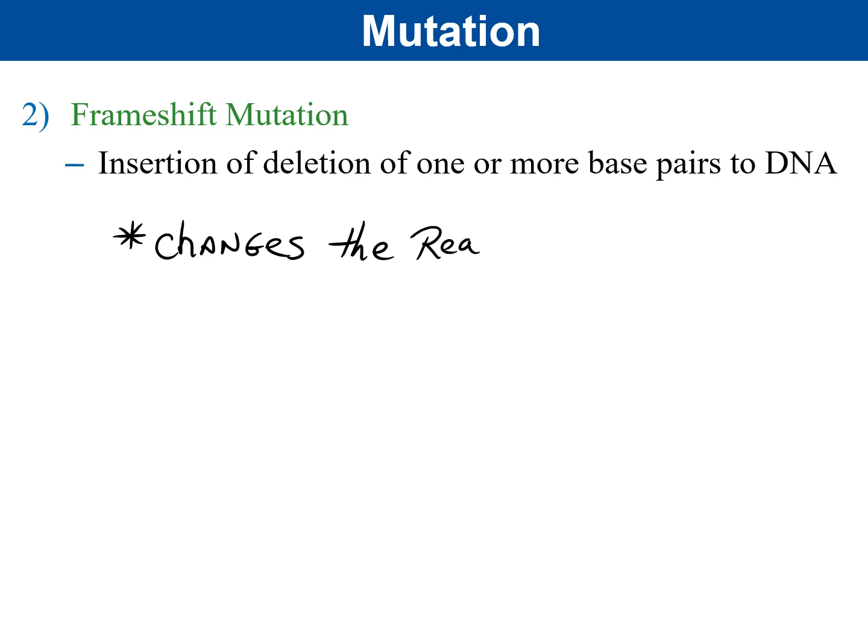And what that means in the DNA is that all the codons that occur after the change in the reading frame are going to be garbage. We'll see that on the next slide, where I have an example of what it looks like when the reading frame changes. But ultimately, many amino acids will be coded for incorrectly.